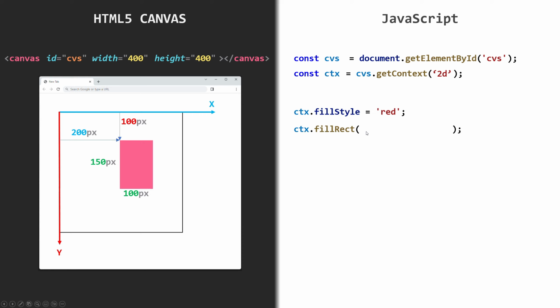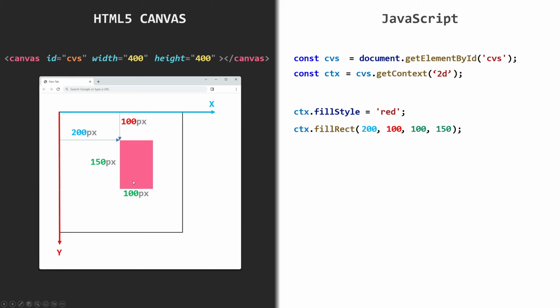The first one is the x position of the rectangle, which is 200, then its y position, which is 100, and then its width, 100, and then 150 for the height. So these are the arguments you want to pass into fillRect to actually draw a rectangle on the canvas.